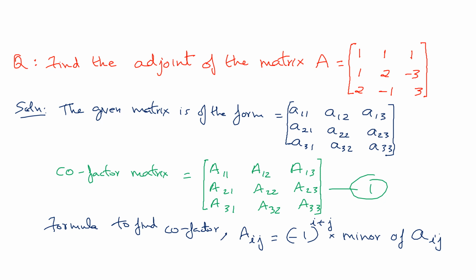So how many cofactors? There will be 9 cofactors. So let us find all those 9 cofactors. You should have a book ready with you with the values of the matrix written. Otherwise you'll have a mismatch. So how to find A11? A11 is minus 1 to the power i plus j, where i is 1, j is 1.